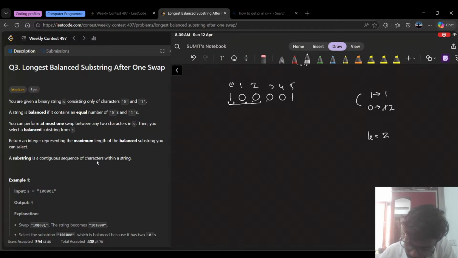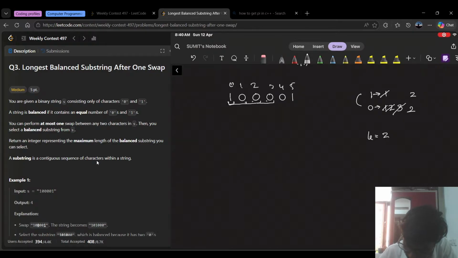So it's 2. Can I move forward? Yes. Now it's 3. I'm at an odd index, and can I swap it? Yes. If I swap, then this count will decrease to 2.